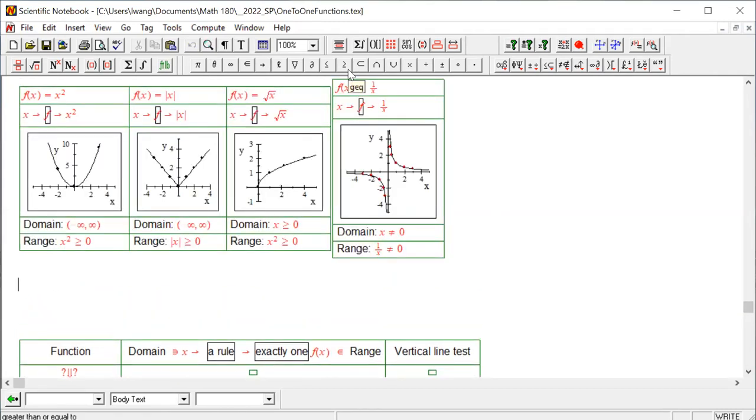Guaranteed: a one-to-one function has a unique inverse. Okay, unique means exactly one.